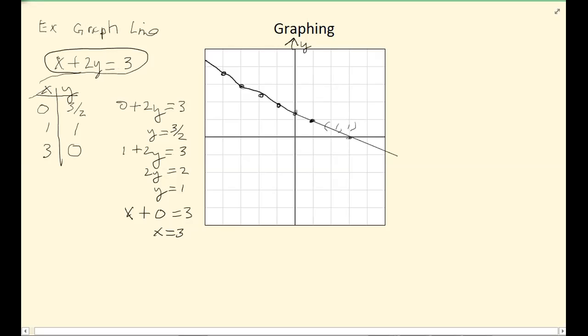It's a solution because it will make the equation true when you put the x value and the y value in. I found 3 points along that line, but that's enough to show the graph. We can extend it. That's all we need. So that's how you graph a line given in this form.